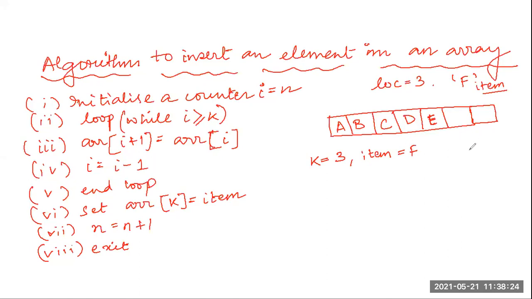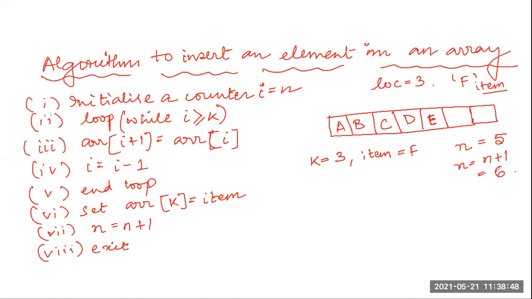If I started with n elements, so my number of elements is 1, 2, 3, 4, 5. This is the number of elements I started with. After this insertion, after one more element has been added, my number of elements will be n plus 1, so it will be 6.